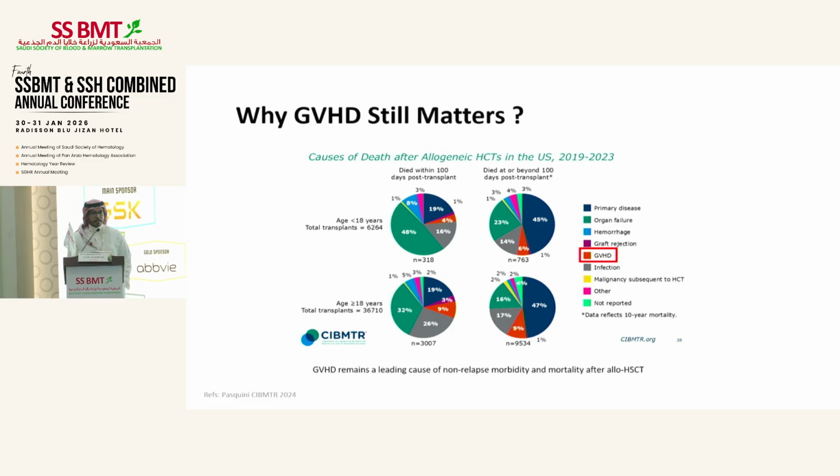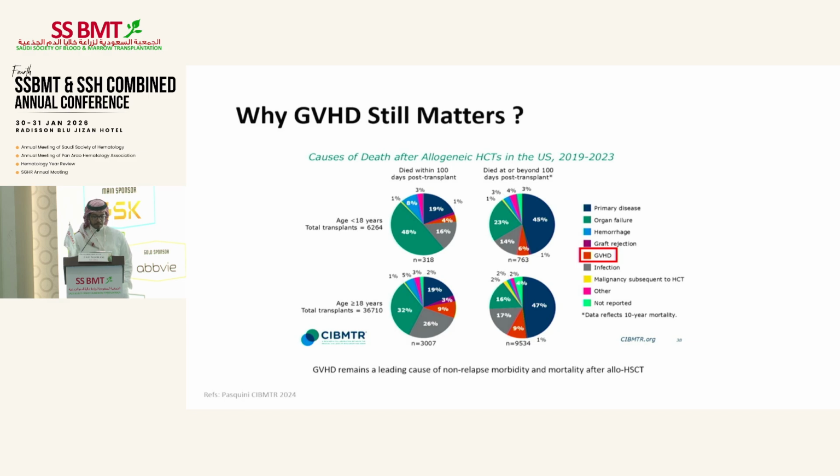So why GVHD still matters? This is from the CIBMTR 2024 from Pasquini. As you can see, GVHD continues to remain a leading cause of non-relapse morbidity and mortality after allotransplant.